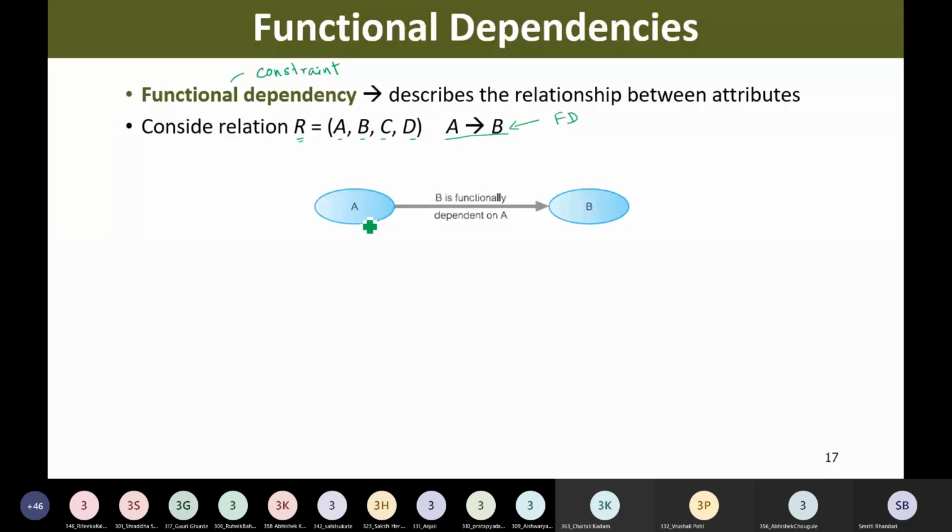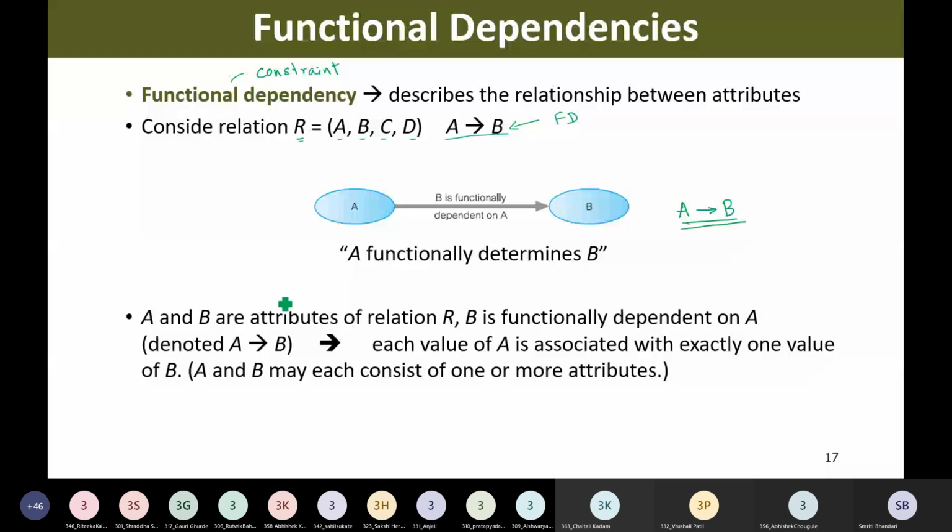B is functionally dependent on A, or in other words, A functionally determines B. We denote it as A determines B.